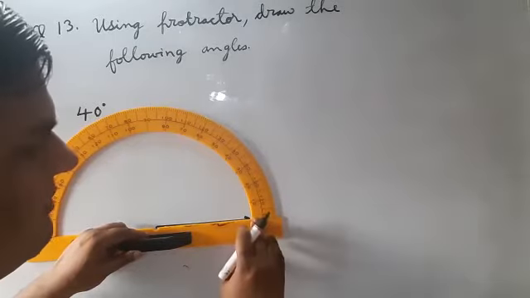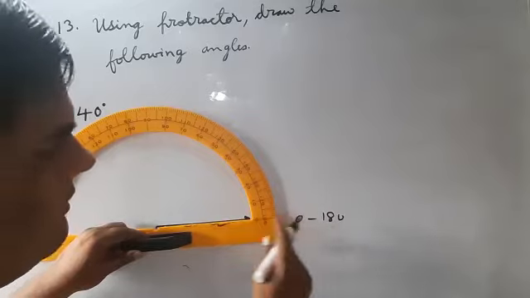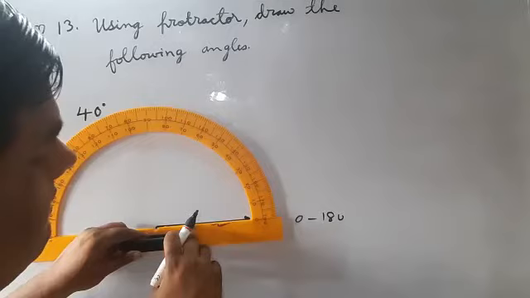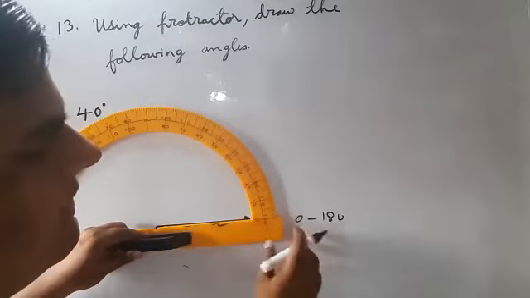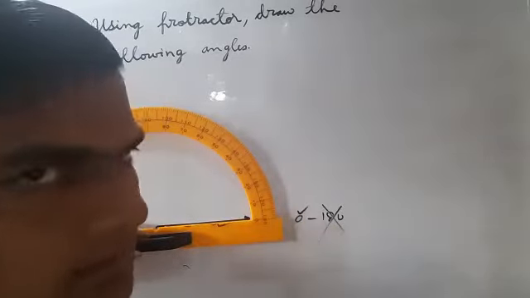If you observe, there are two measurements, 0 degree and 180 degrees. The line which is touching your baseline is considered as 0 degree. 180 degree is discarded. You have to start from 0 degree.